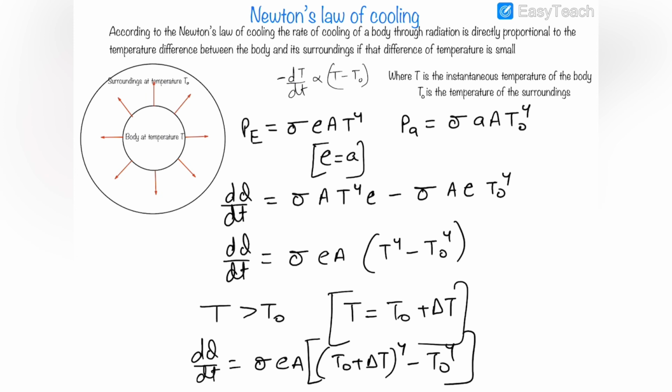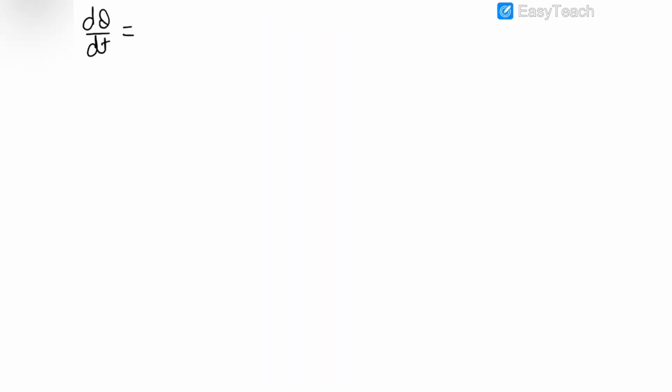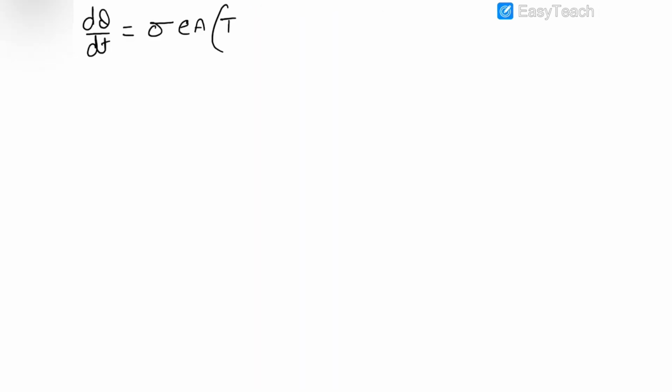Now let us write it down again. dQ by dt is equal to sigma E A into T naught plus delta T to the power 4 minus T naught to the power 4.